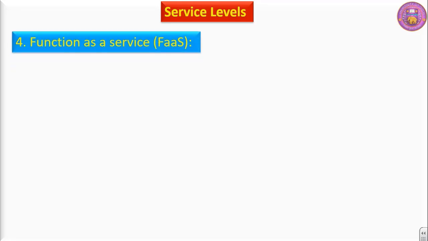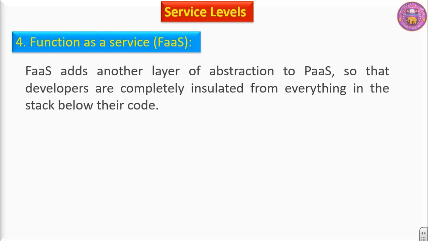Function as a service, FaaS. Function as a service adds another layer of abstraction to PaaS so that developers are completely insulated from everything in the stack below their code.